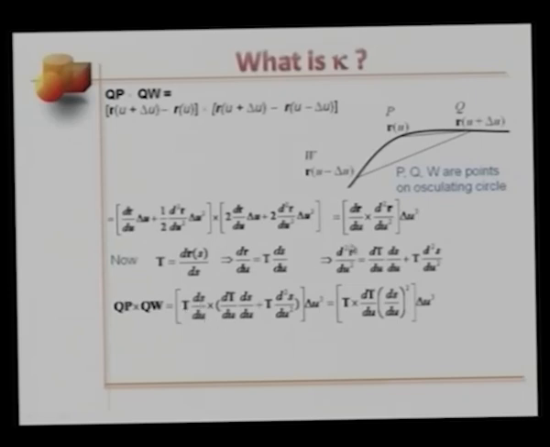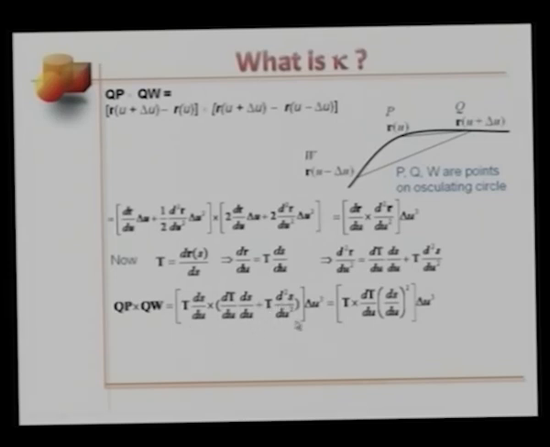Notice that I am replacing dr over du as well by this expression. So T times ds over du crossed with dT over du times ds over du plus T times d2s over du squared.